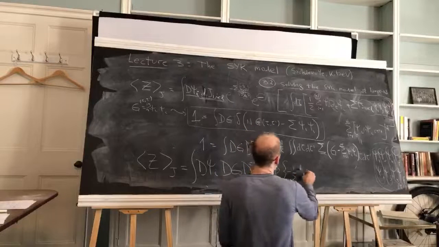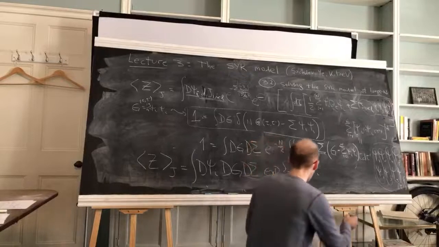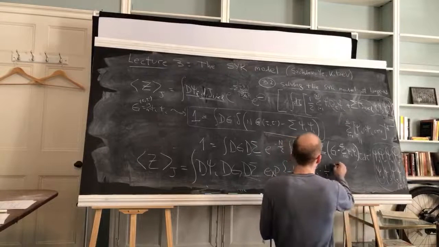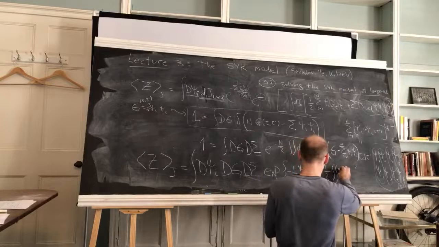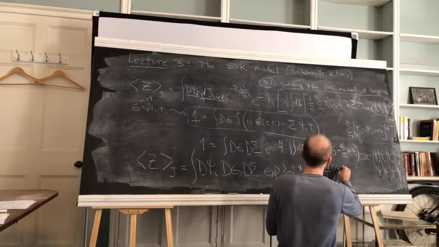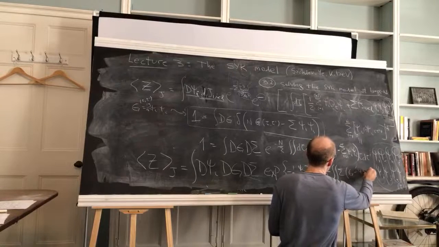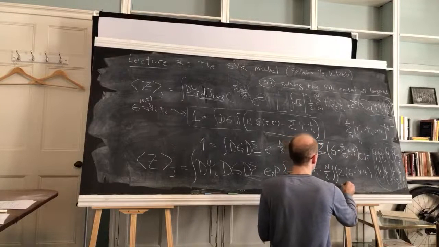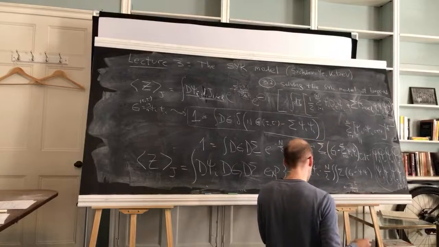The fermion kinetic term is still here, and then I have this double integral of n, well, let's put the n over here, sigma times G minus psi psi, plus j squared over n cubed. That's what I had before.